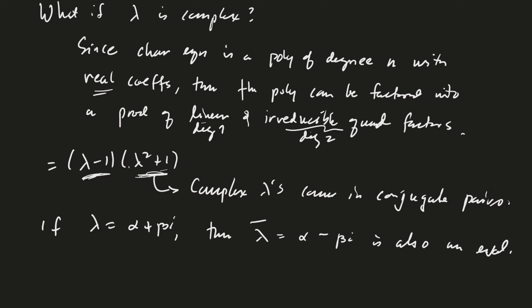Similarly, if v is an eigenvector, then v bar, our vector conjugate, is also an eigenvector.